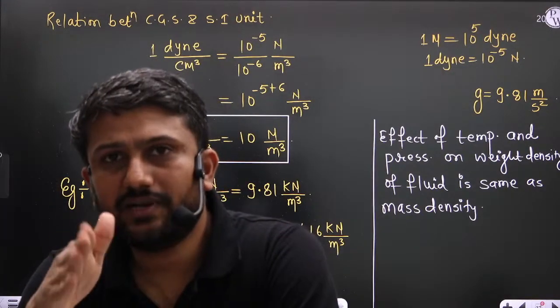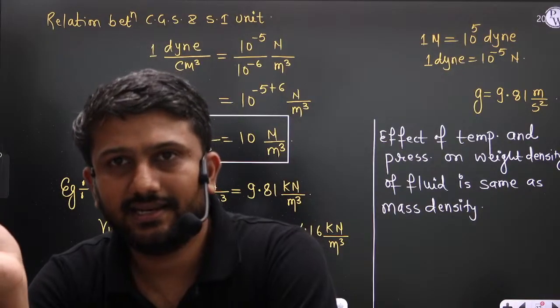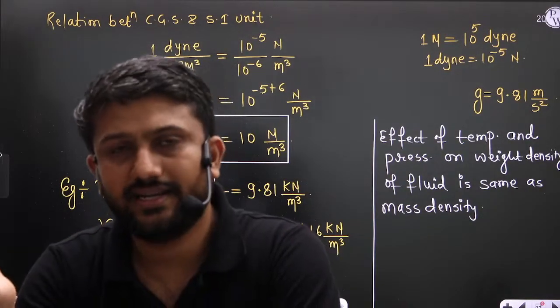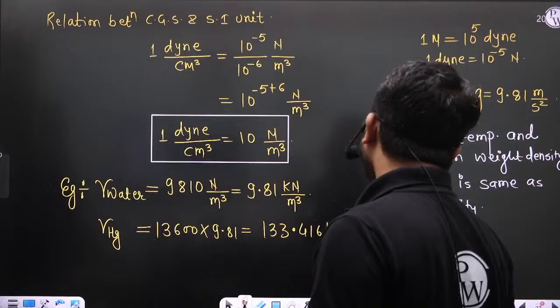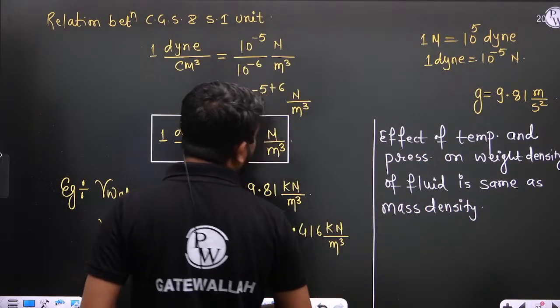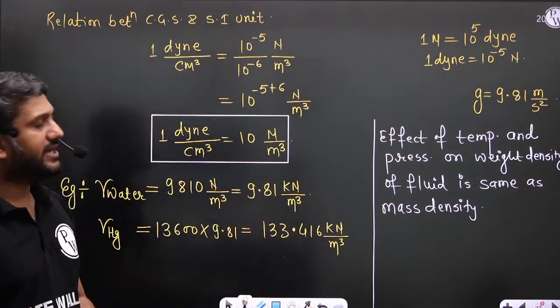So the only difference between weight density and mass density is g. So if g is constant, then we can say the effect of temperature and pressure on the weight density of the fluid is the same as on the mass density.